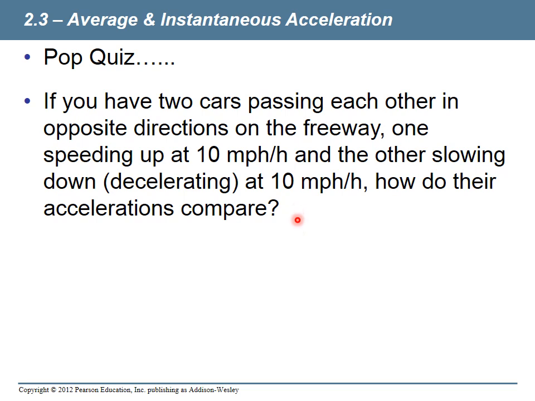So which direction is that accelerating? Well, if it's traveling this direction and slowing down, then it's also accelerating up the screen, to the north. So this one was accelerating this direction, and this one over here is also accelerating this direction. And their magnitudes are the same, 10 miles per hour, so their accelerations are exactly the same.